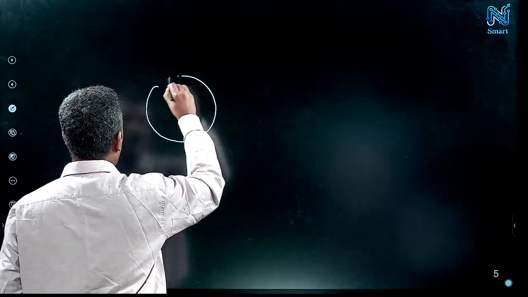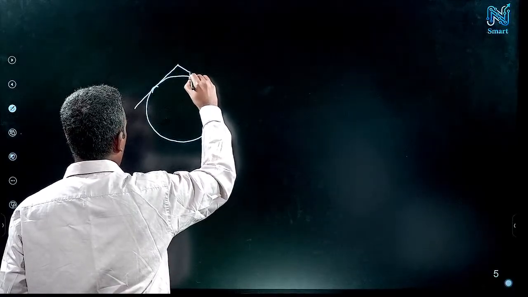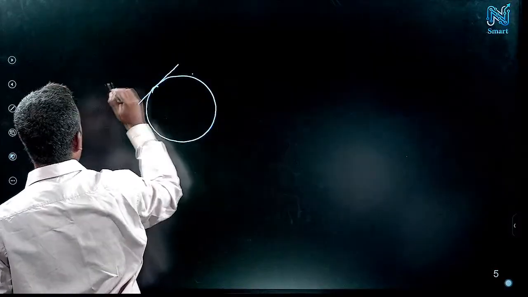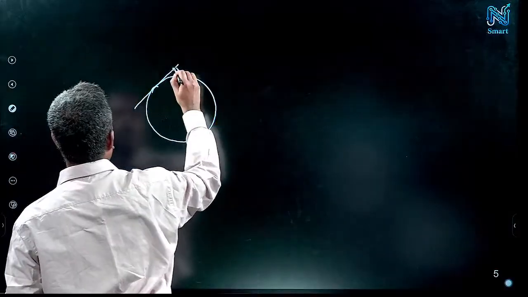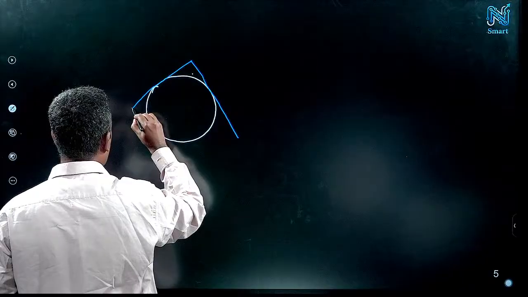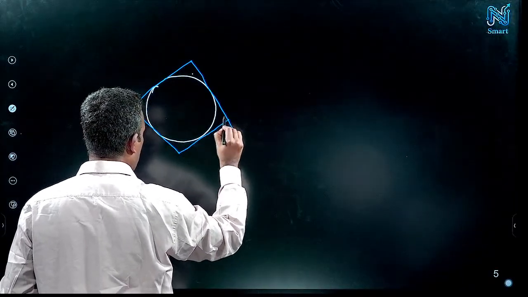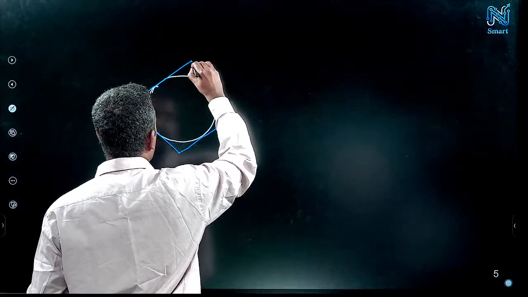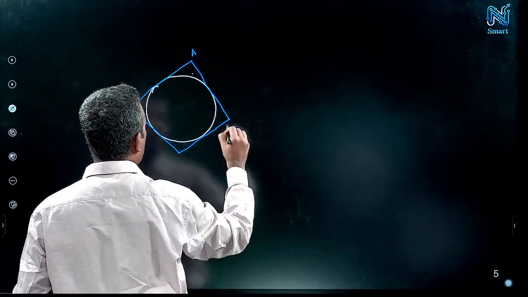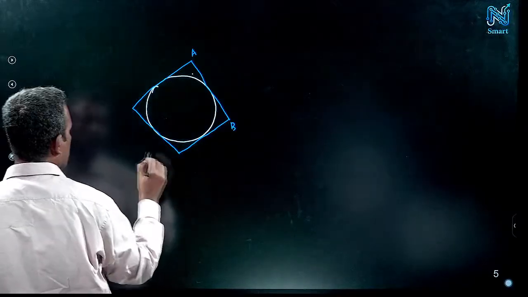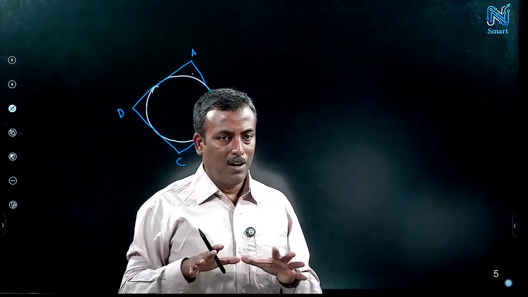Now, the other way, the circle is inside the quadrilateral. Now, ABCD is a quadrilateral and the circle is inside that.